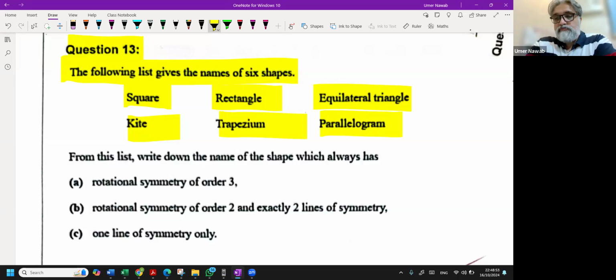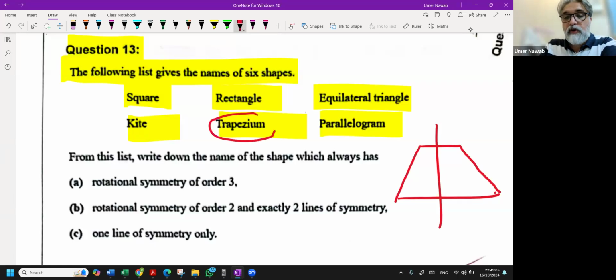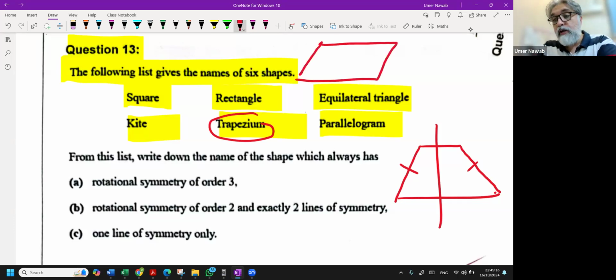Trapezium is like this. It has 2 parallel sides. If it is isosceles trapezium, then definitely it has 1 line of symmetry, but he's not talking about isosceles trapezium. He's talking about general trapezium. So I don't know about its line of symmetry or order of rotation. Parallelogram has no line of symmetry, but order of rotation 2.